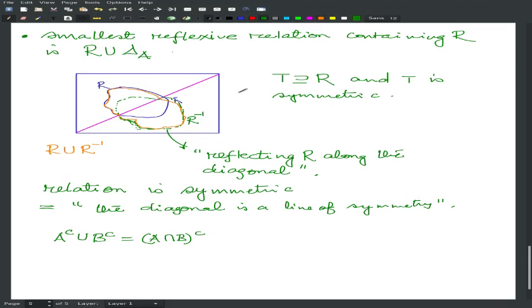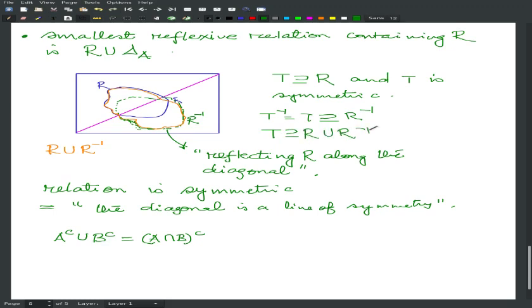That is the thing. T is symmetric, right? So T inverse, that is equal to T, that contains R inverse. So you see T contains both R and R inverse. So T contains R union R inverse.